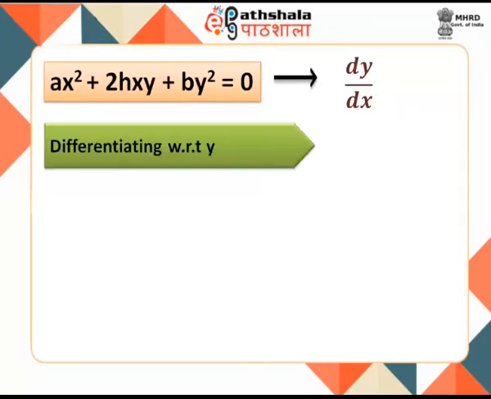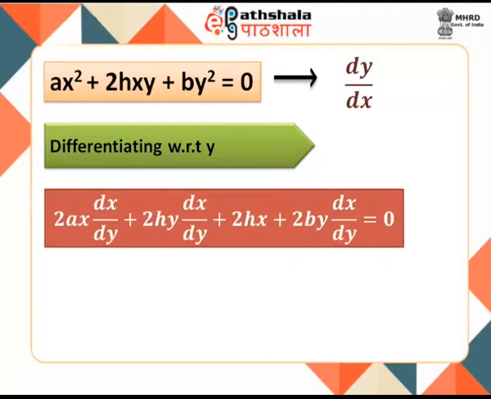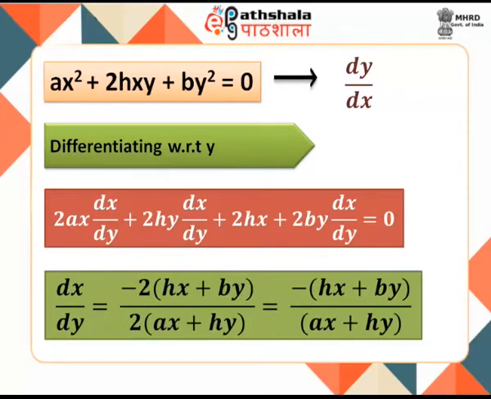Solution: differentiating each term with respect to y, we have 2ax dx by dy plus 2hy dx by dy plus 2hx plus 2by equal to 0, or dx by dy equal to minus 2 into (hx plus by) by 2 into (ax plus hy) equal to minus (hx plus by) by (ax plus hy).